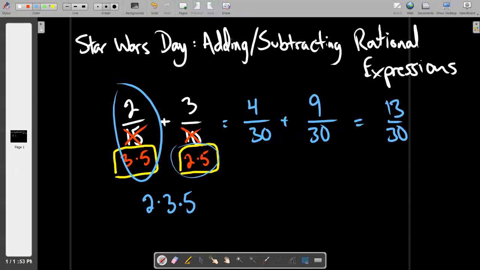Because this fractional bottom right here, I'm circling it in green, in order to become the least common denominator, 2 times 3 times 5, it's missing a 3, isn't it? And so whatever you multiply to the bottom of a fraction, you have to multiply to the top, and 3 times 3 is 9. Got it?